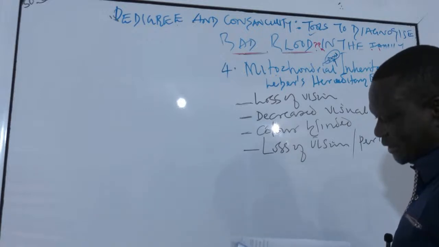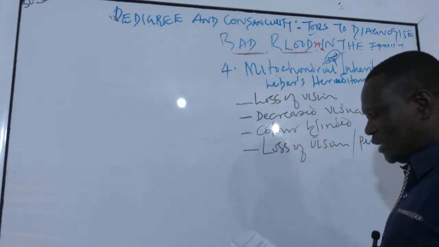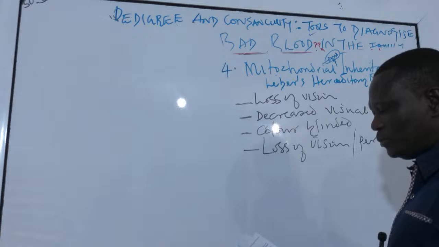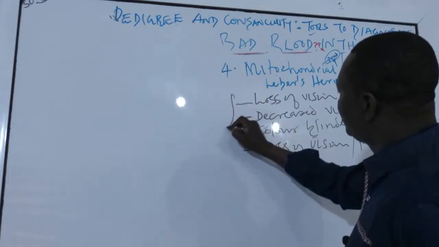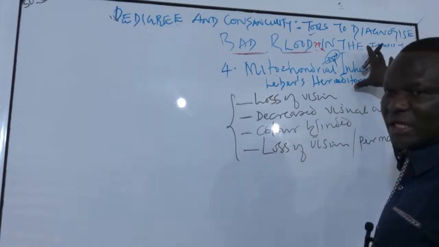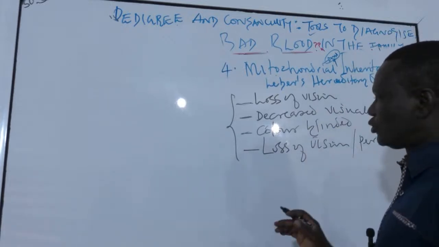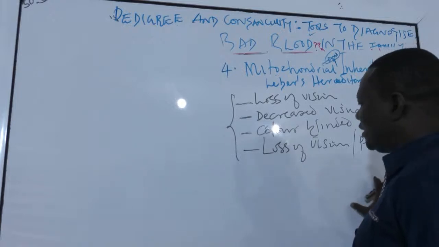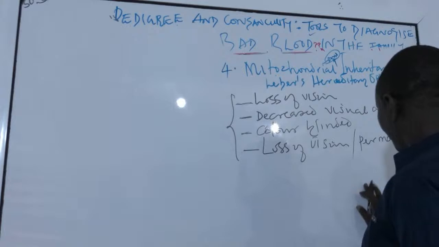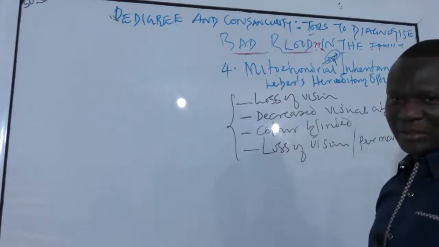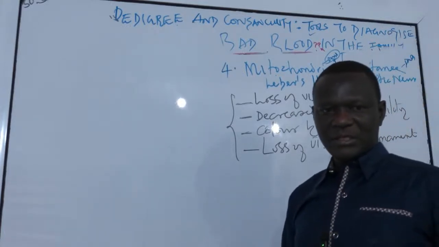And don't forget that this kind of condition, because it is not located on the main chromosome, we find it very difficult to come up with any pattern of inheritance.